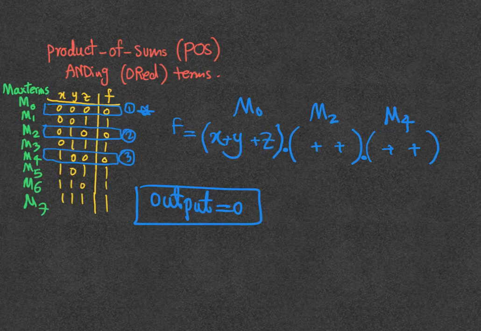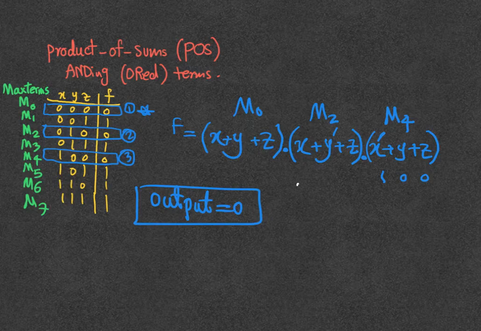For the second term, X is 0, you don't complement, but since Y is 1, you complement Y. So X, Y prime, and then Z. And the last one is 1, 0, 0. Since the first one is 1, you complement X, and then you get Y and Z. So that's how you write the product of sum.